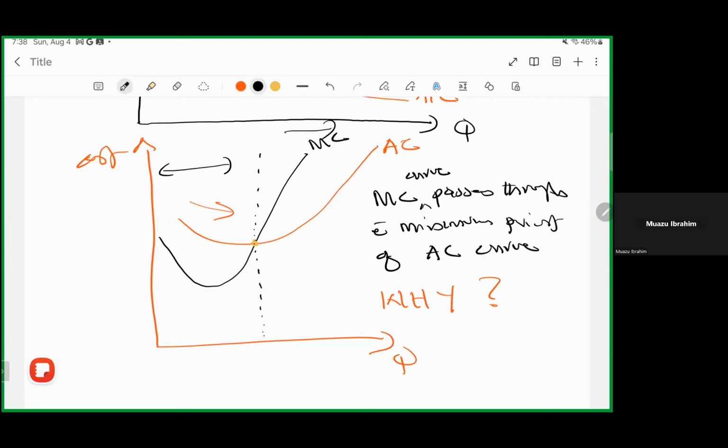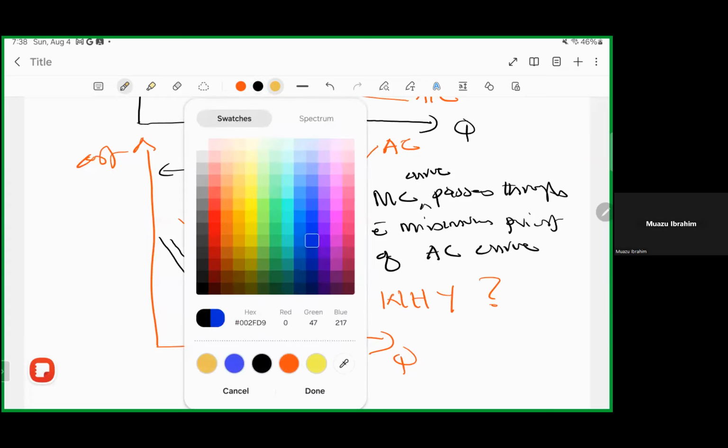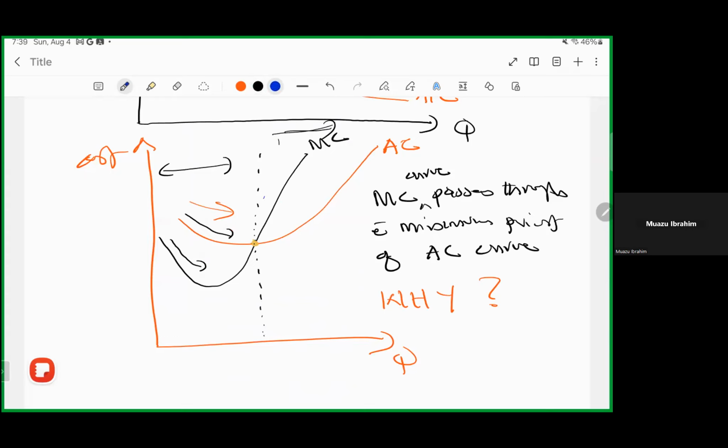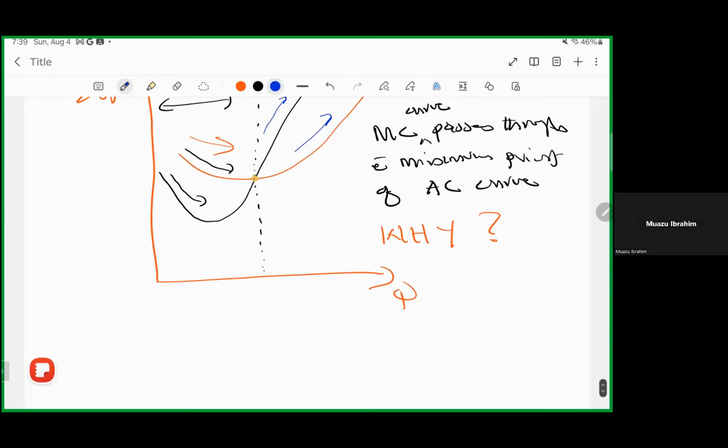You realize that on your left, both the marginal cost and average cost curves are falling. And on your right, both the marginal cost curve and average cost curve are increasing. What can you say about this relationship?